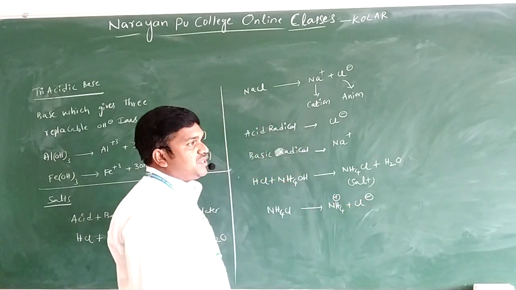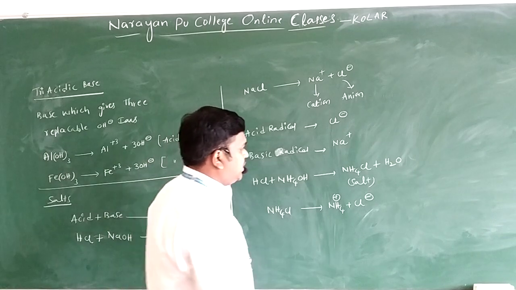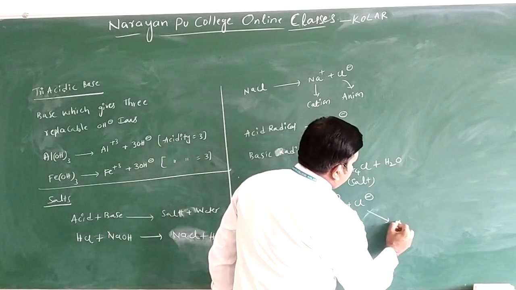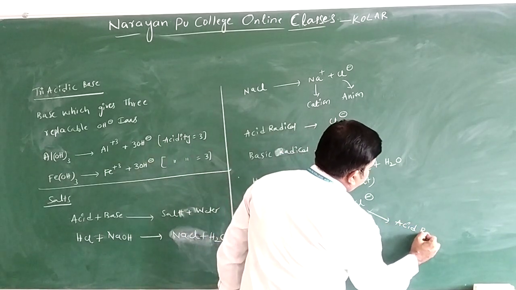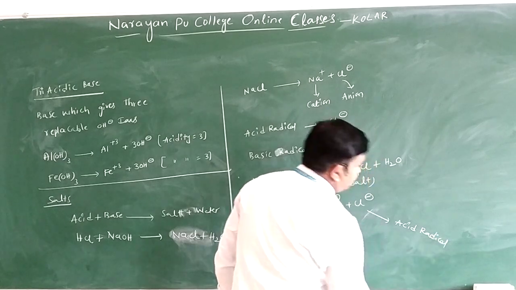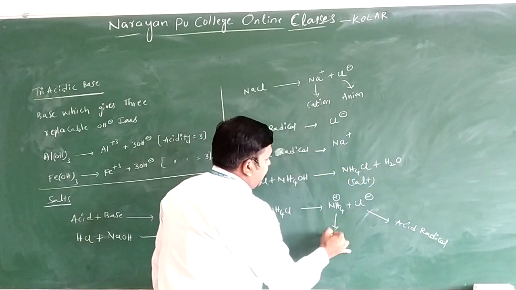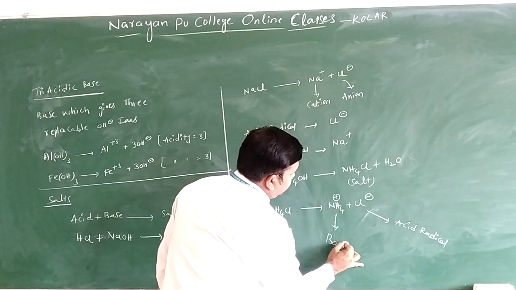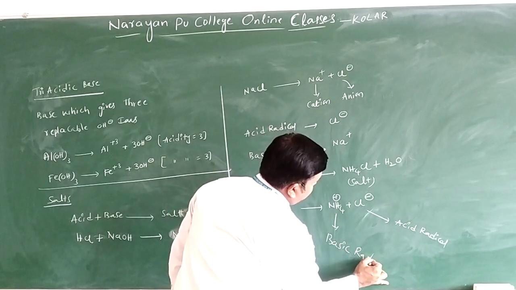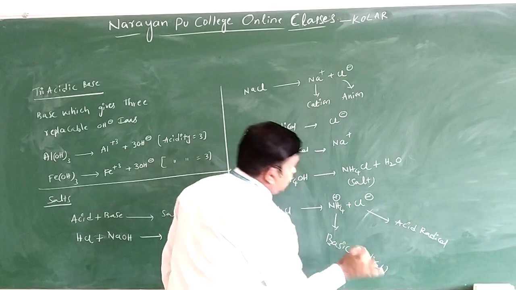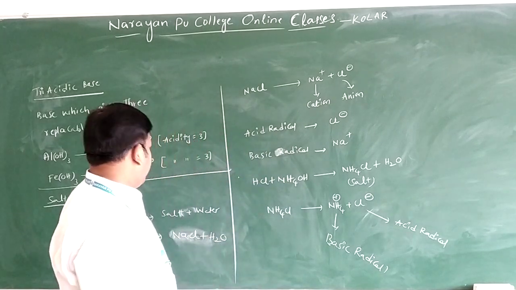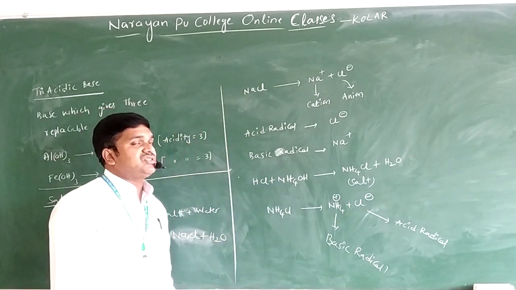Cl minus is the acid radical. NH4 plus is the basic radical.